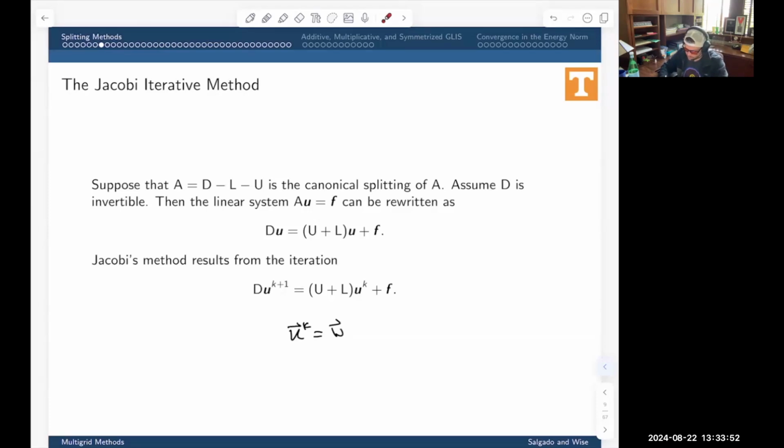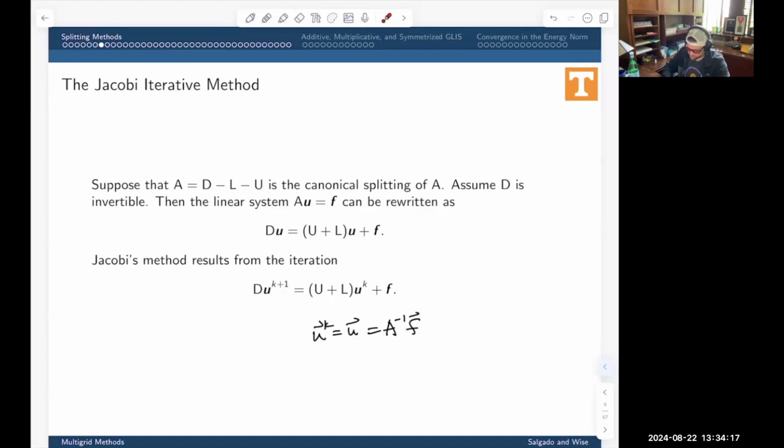Actually, I don't want to do that. I really do want to say, suppose that UK is equal to the true solution, A inverse times F. What if I put the true solution in? Well, if I put the true solution in, then I really have this on the right-hand side.